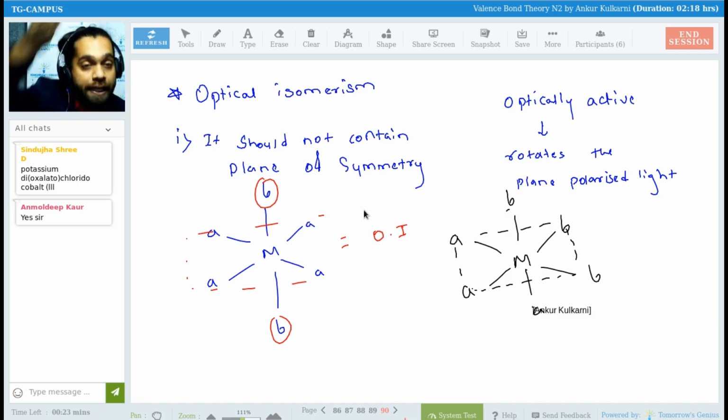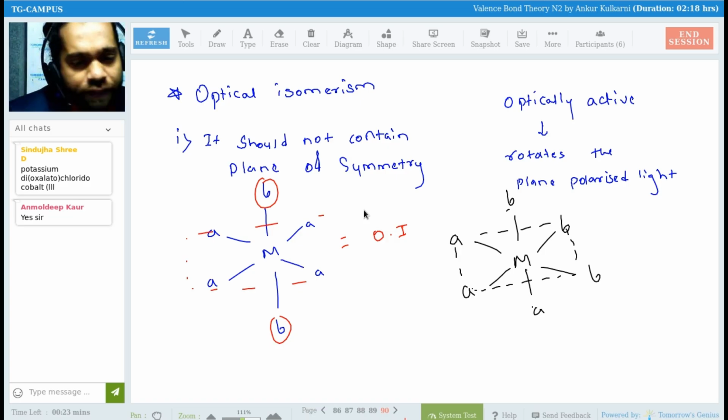B and A are not identical. Even if I cut it from the top, on the left hand side I have A, on the right hand side I have B. And what is this? Is this facial or meridional? Doesn't it look similar? So this is optically active.